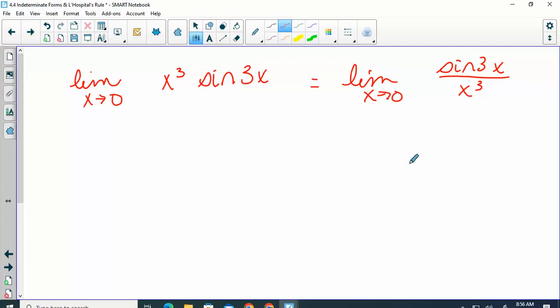Okay, what's the reciprocal of x cubed? 1 over x cubed. So if you want to make it mathematically the same, you would have to make it a 1 over x cubed on the denominator. So you can't just throw anything down there. Easy things to look for: if you have x's to a power, you can easily move those to the bottom by doing 1 over that thing. Sine and cosine, we don't necessarily want to move, but if you have a cosecant or secant, those will be nice to move because if you put those on the bottom, what is the reciprocal of cosecant?